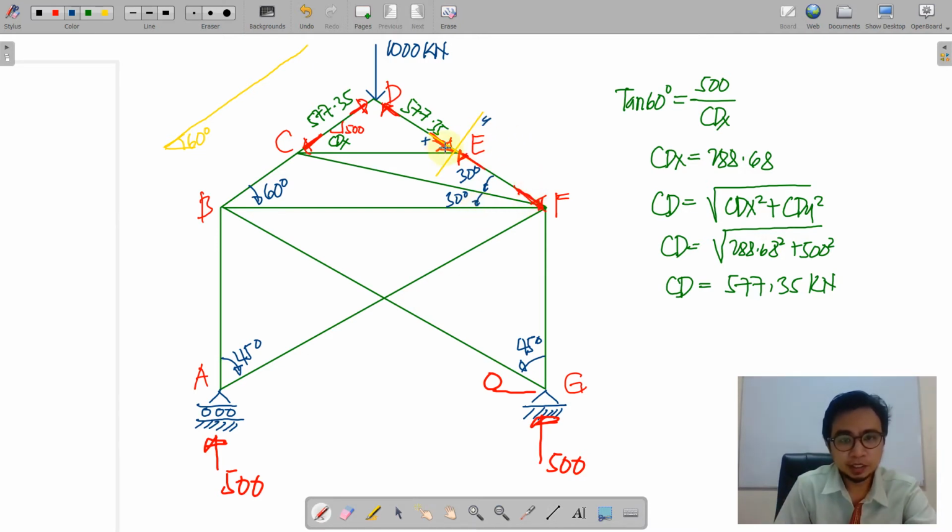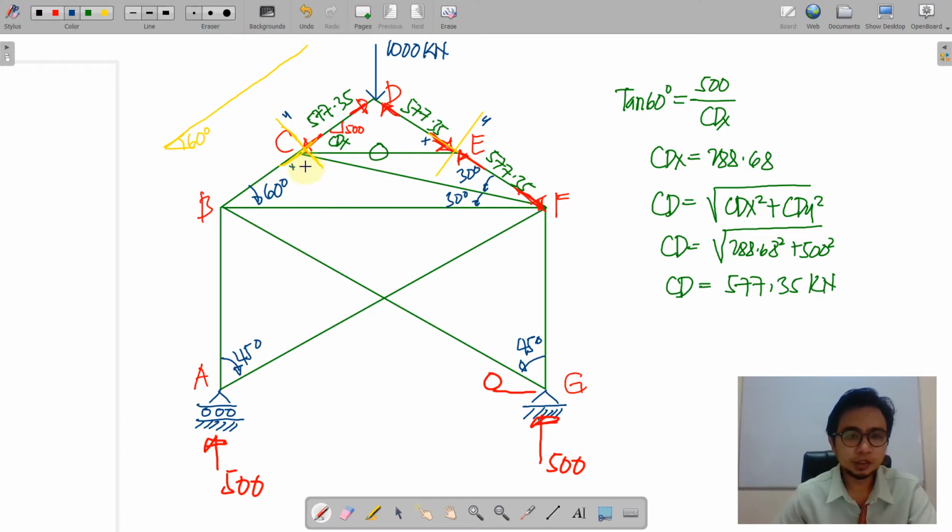Say this is X and this is Y, so this is 577.35 also, countering the force coming from DE. So we already have a balanced x-axis, and CE should have no component at x. Therefore, this should be equal to 0.